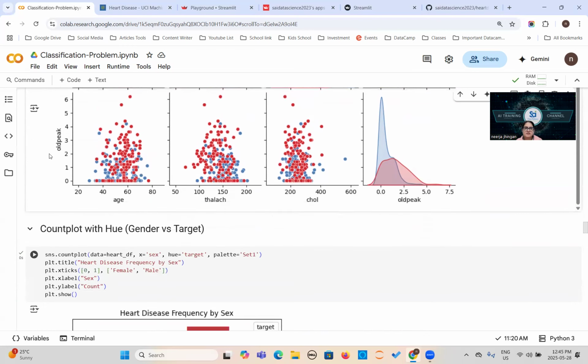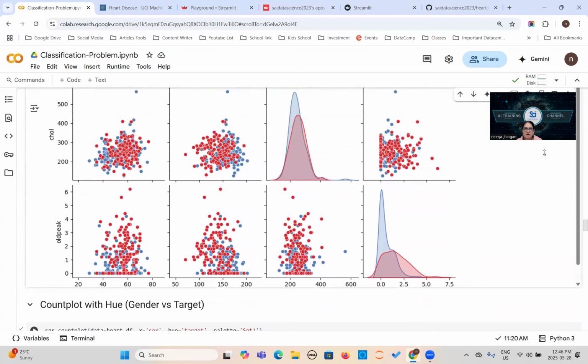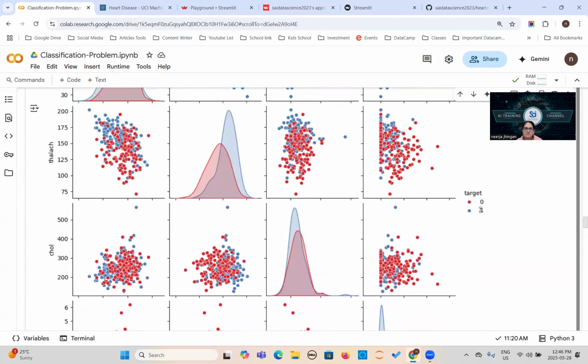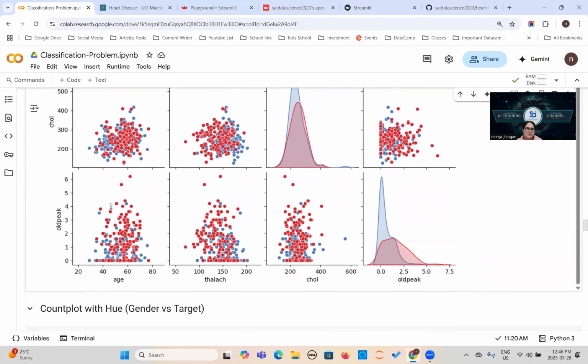Now, if the age and your oldpeak are increasing, does it increase the chances of heart disease? So we can assume the blue dots are maximum coming here up to 4, and age is showing 60, and even when the age is above 60 but there is no oldpeak value, this is less, even then the patients can have heart disease. Okay, because blue means has heart disease, red means no heart disease.